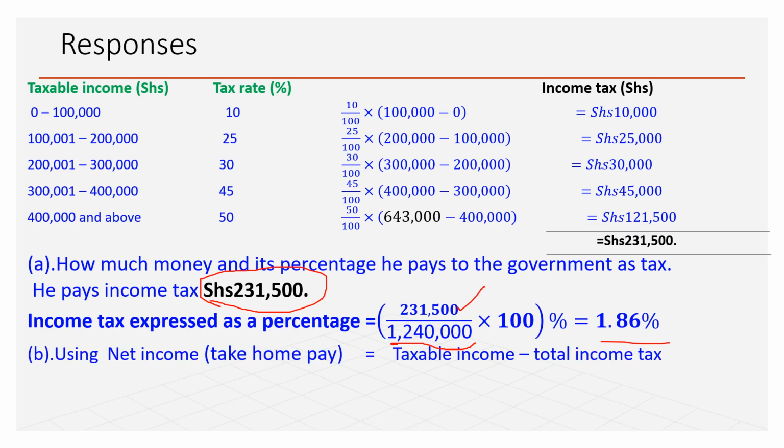So now we need to get the net income, take home. We agree that is the difference between taxable income and total income tax.